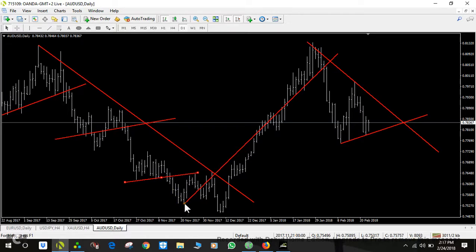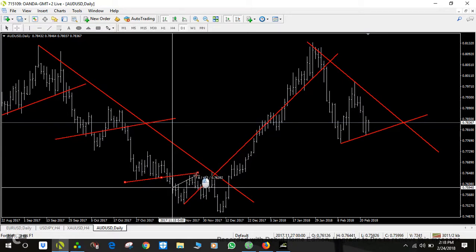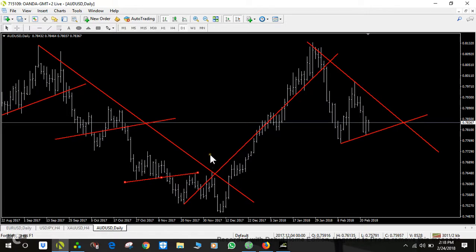Price came down, came back up above our entry. So this one is now 50, 60 pips in drawdown. At this stage, this line here was there when price came back up again.